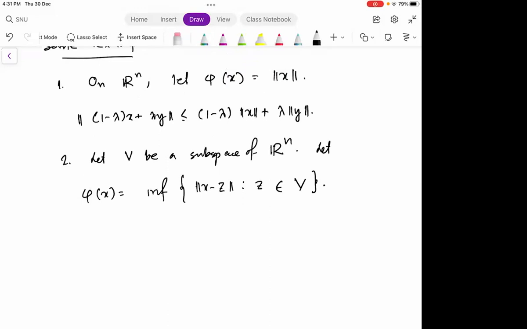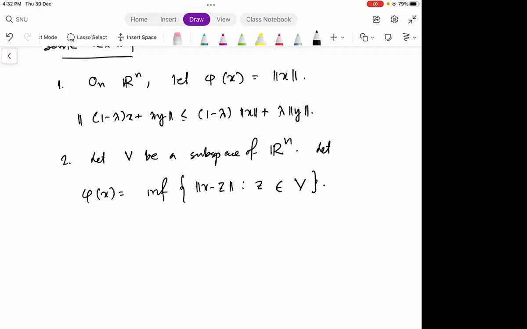The infimum is a limit of a sequence, right? So take a sequence, say un, such that norm x minus un goes to phi x. Take a sequence vn such that norm y minus vn goes to phi y.